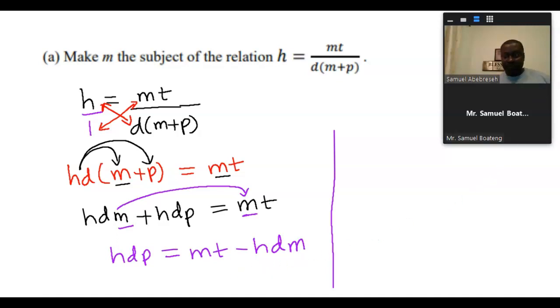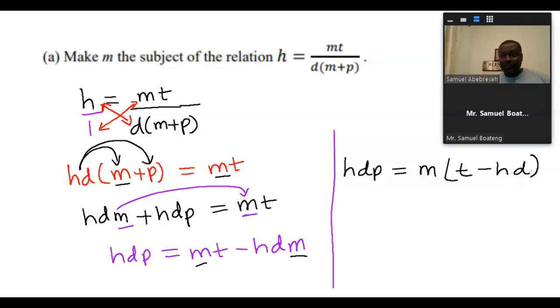So we can factorize m because m is common in each of the terms on the right-hand side. So hdp equal to m out, bracket open, to be left with t minus hd. We want to find m.